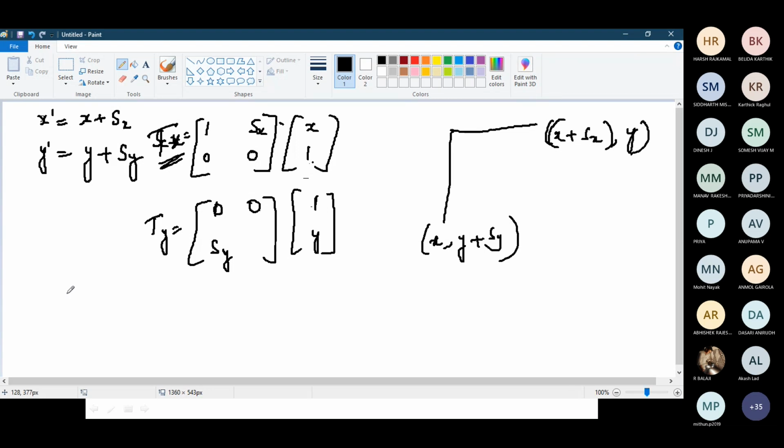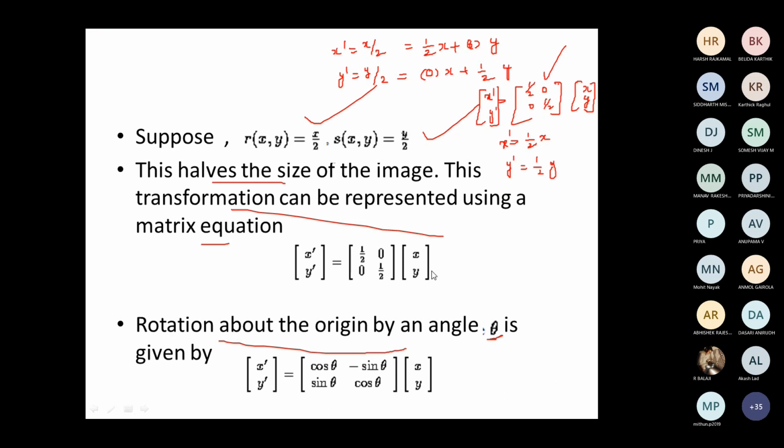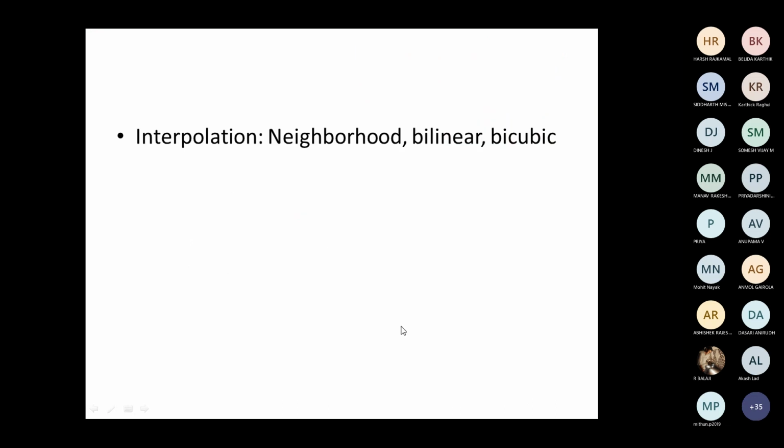Now you have seen scaling, rotation, and then translation. Any doubts you have till now?